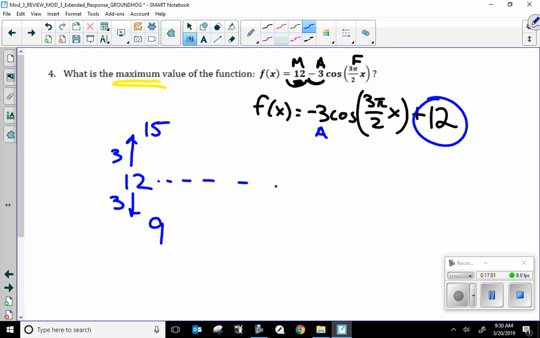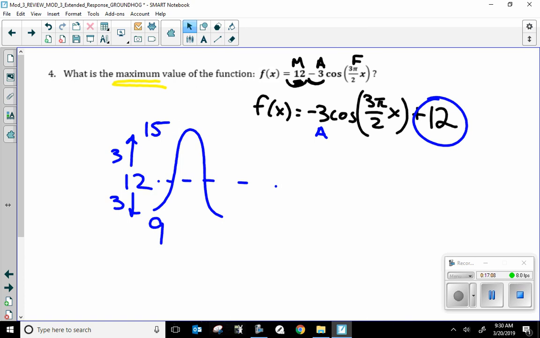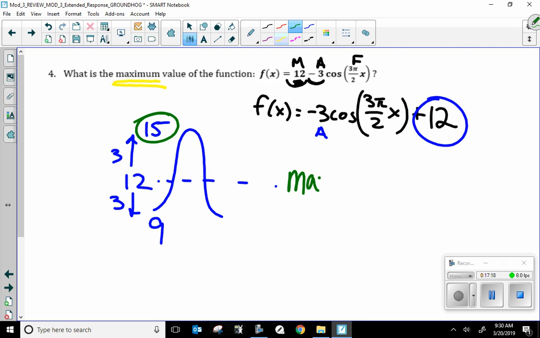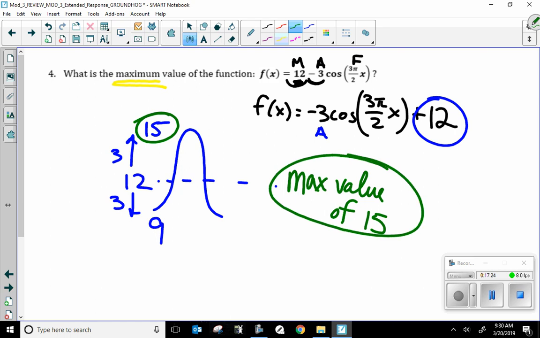So if I have a cosine curve that's negative, it's going to do this, which is beside the point because they're only asking me for the maximum value. And the maximum value that this graph is going to have is my amplitude going up from my midline, which is 15. So I have a max value of 15. Bam. Pretty simple.